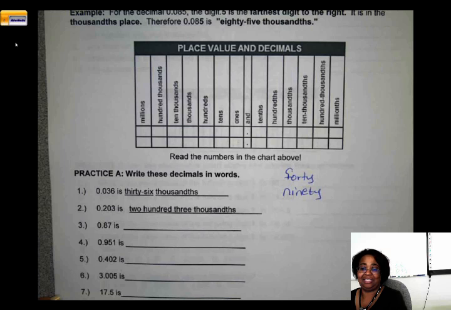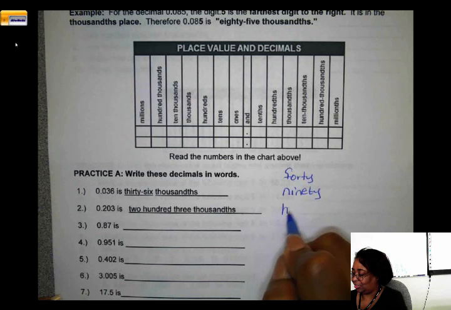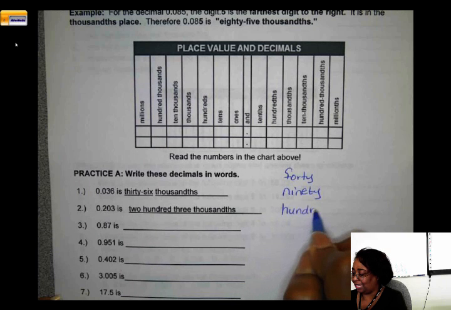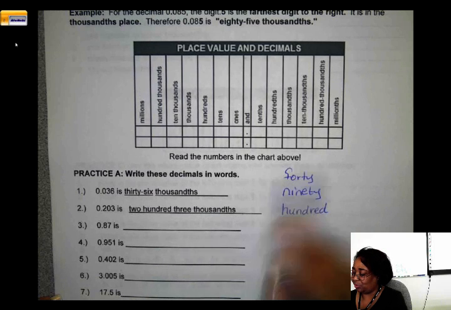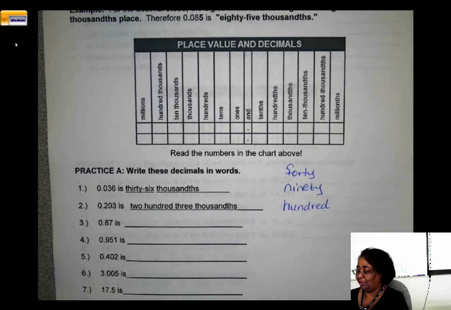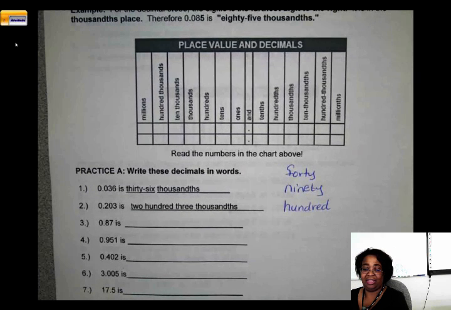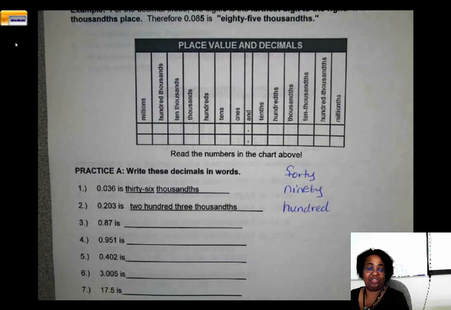It's not nitty, it's 90. Okay? How do you spell 100? H-U-N-D-R-E-D. People misspell 100 all the time. So watch out for these ones that people misspell. Be sure to write it correctly, spell it correctly, and put your commas and your dashes in there if necessary.